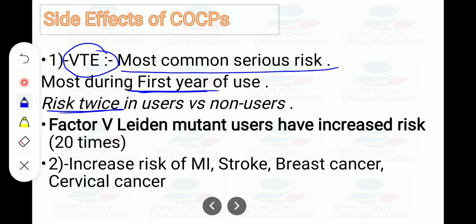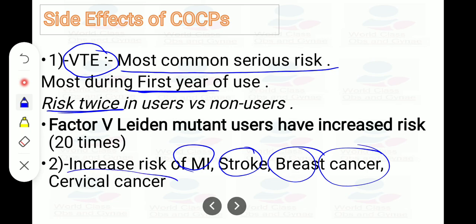These are the things which we need to consider while prescribing COCPs. The second thing is increased risk of MI, stroke, breast cancer, cervical cancer.